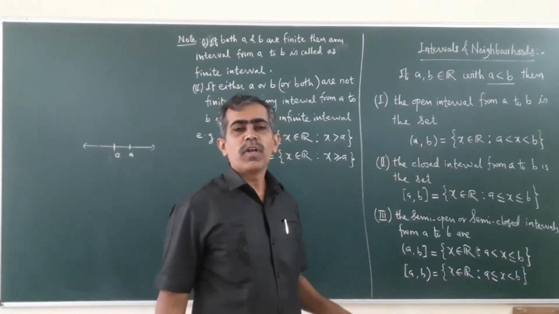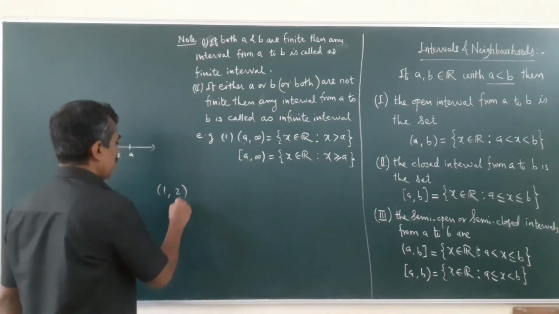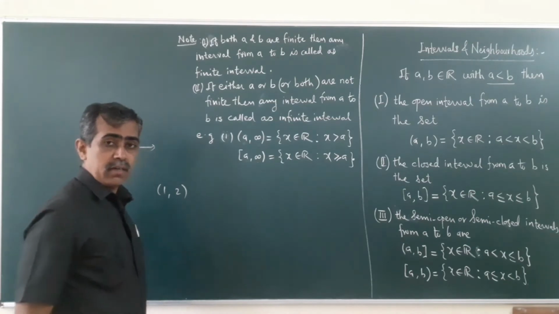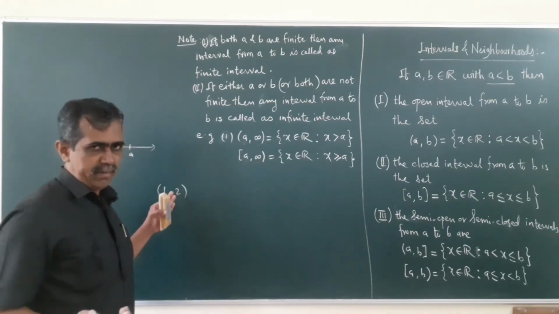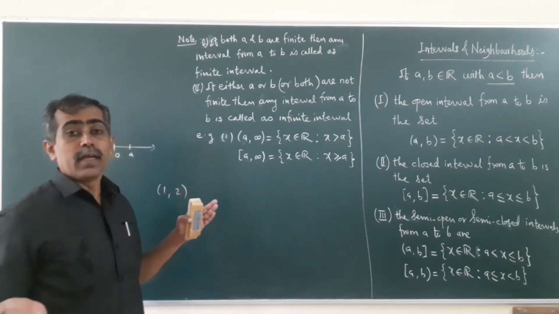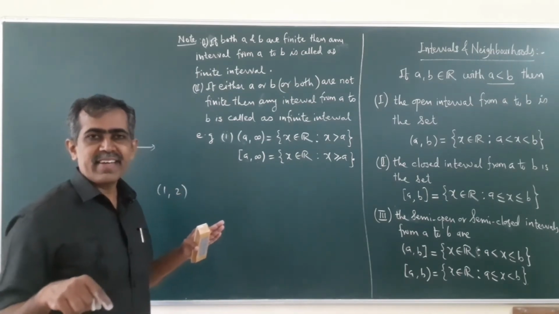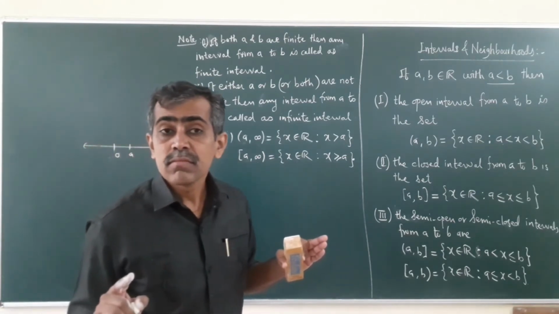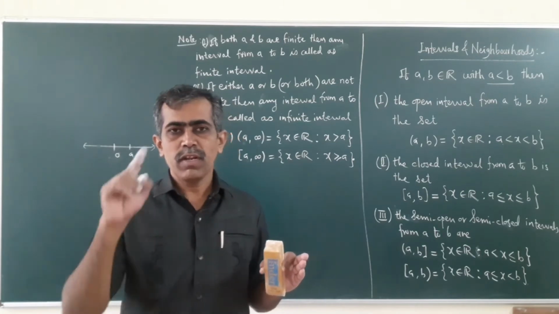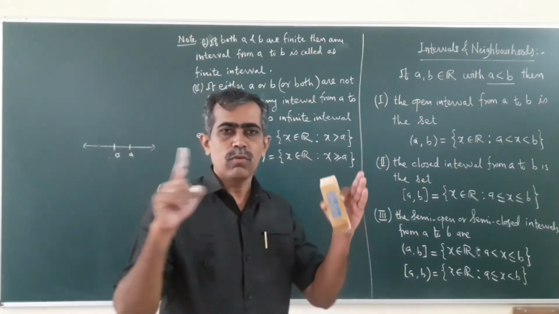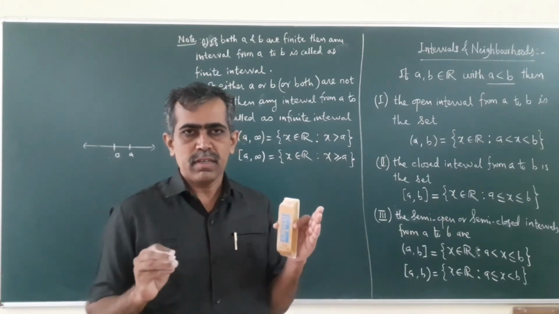Okay, this is a finite interval. For example, the open interval (1, 2) is a finite interval, but how many real numbers are there between 1 and 2? Infinitely many. It is a finite interval, but it is an infinite set. Remember, finite set and infinite set. A finite set means a set containing finitely many elements. For example, consider the set {1, 2, 3, 4, 5}, the set of the first 5 natural numbers. It is a finite set, only 5 elements are there.